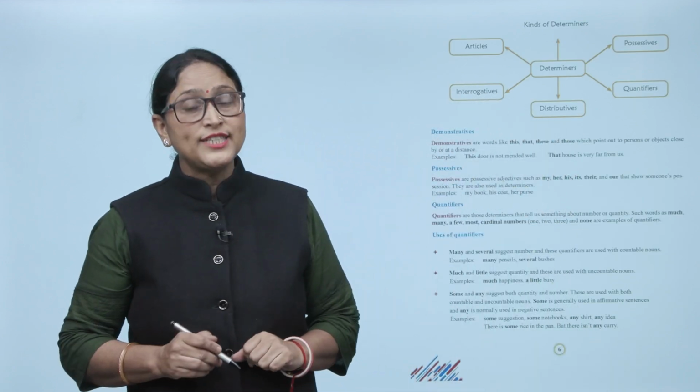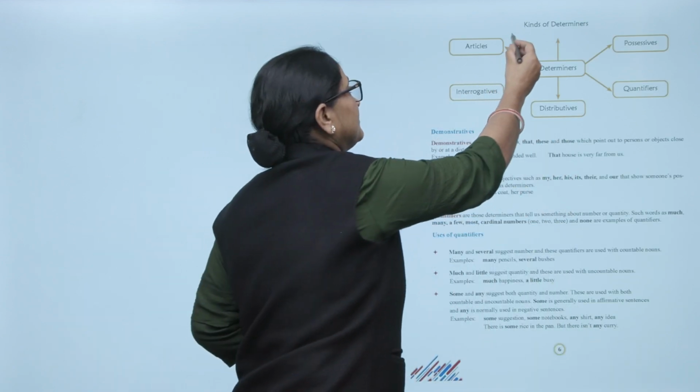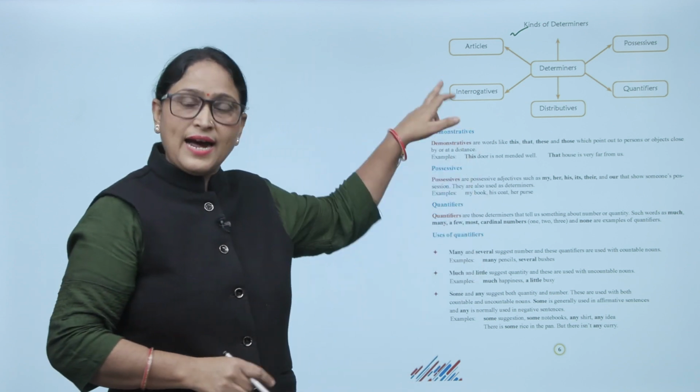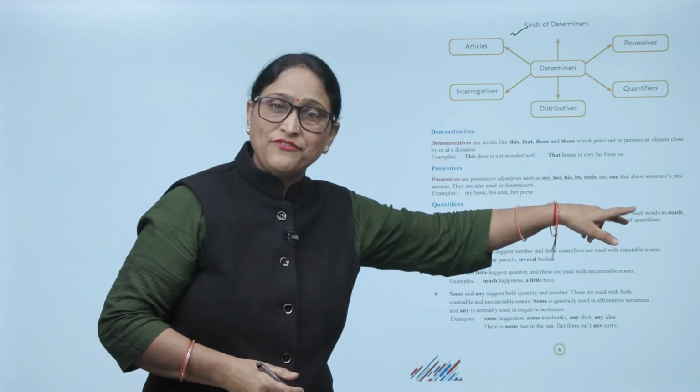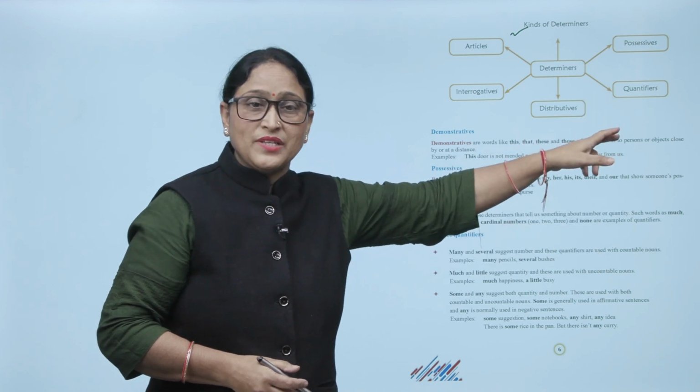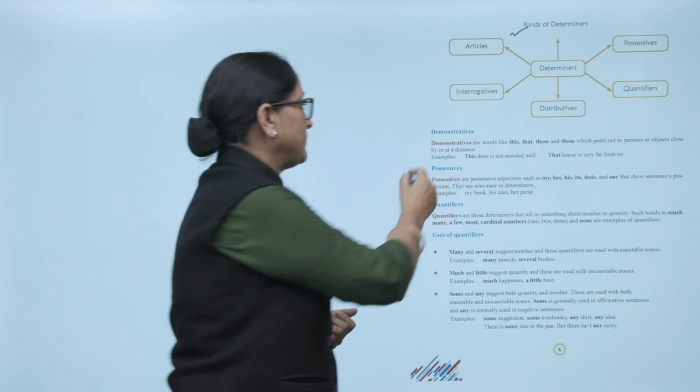Now kinds of determiners. Articles, interrogatives, distributives, quantifiers, possessives. Now demonstratives.